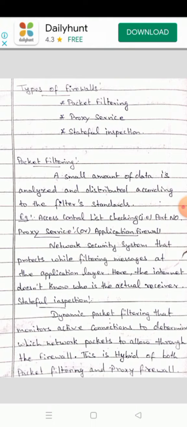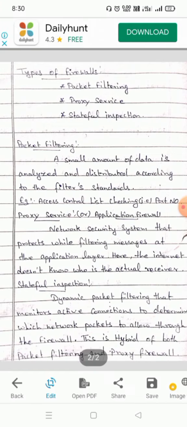The proxy firewall is like that. I am the proxy firewall, my mummy is the host, that is the private network, and the shopkeeper is the internet. The proxy application firewall collects everything from the internet and gives it to our private network. So the internet doesn't contact our private network directly; there is a mediator, the proxy application firewall.